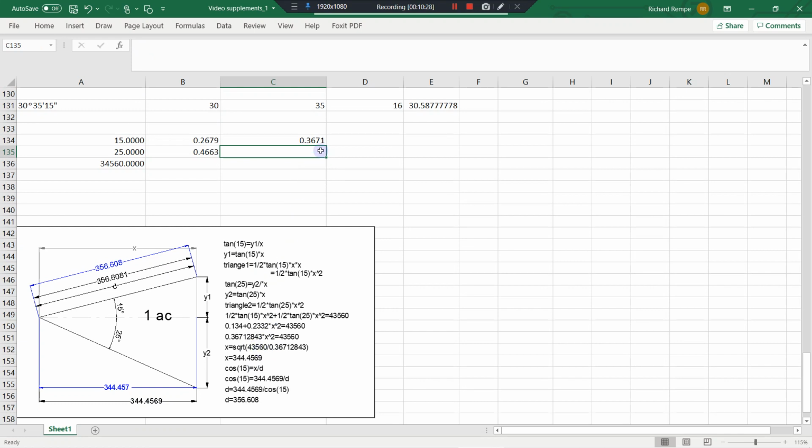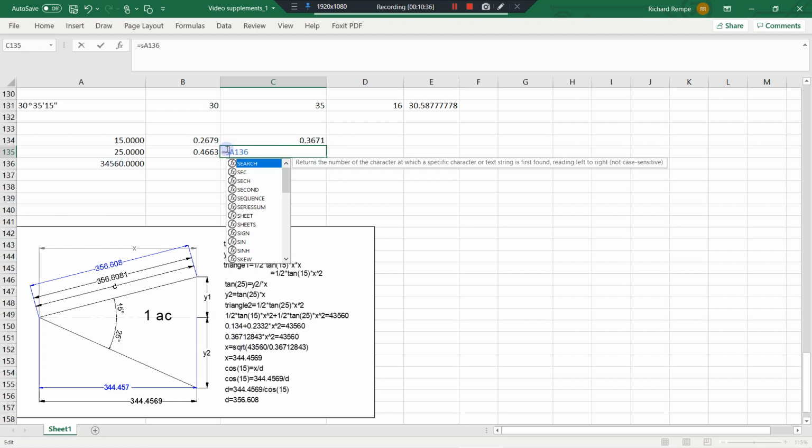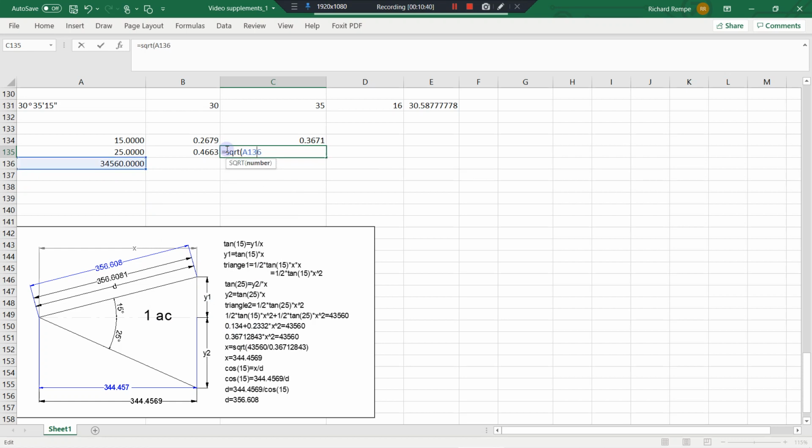Then the square root of the area, so we have the area, so the next one is equal to the square root of that divided by this.